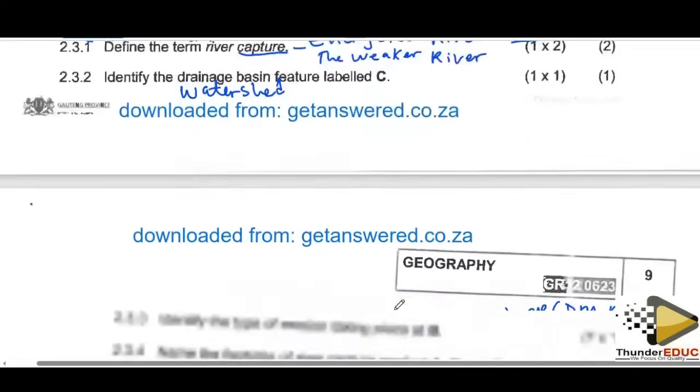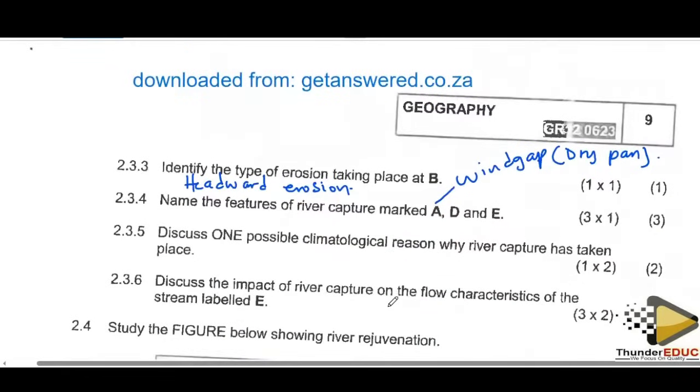Remember, a capture is the same as the energetic stream. So I could say feature D is our capture stream, can be called a pirate stream, can be also called a victor stream. This is the energetic stream which was able to steal. Let me just make the spelling very correct.